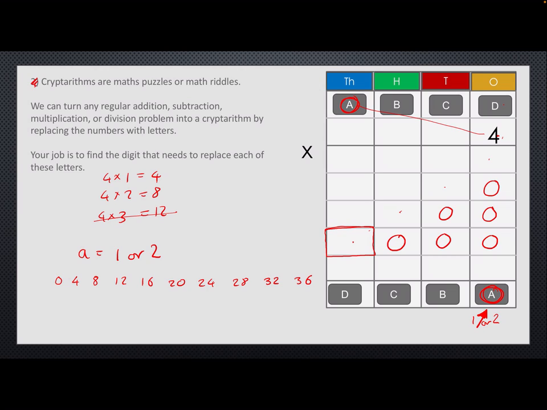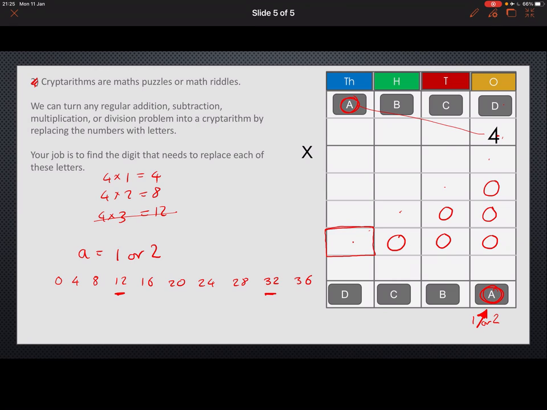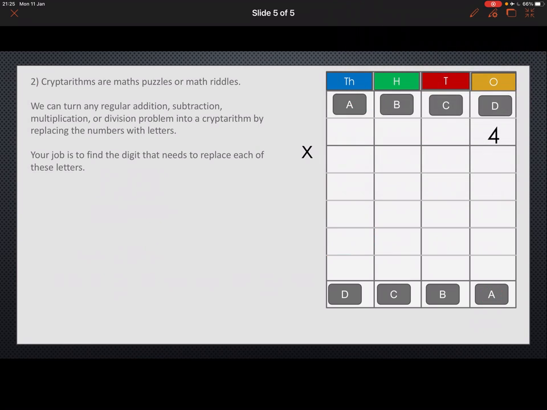Well, how many of those actually end in a 1 or a 2? That does, and that does. None of them end in a 1. So that digit there cannot be a 1, it must be a 2. So the first thing that you know for sure is that A is definitely a 2. And then you need to work on from there.